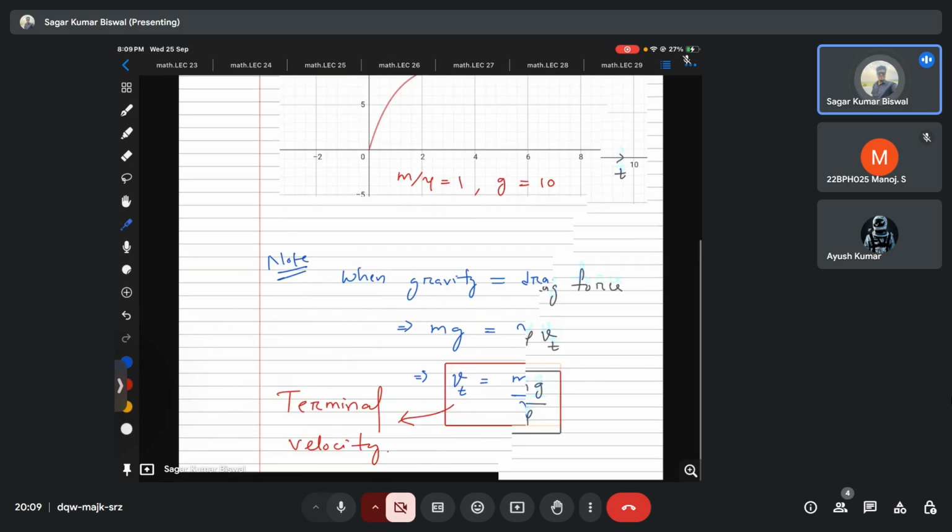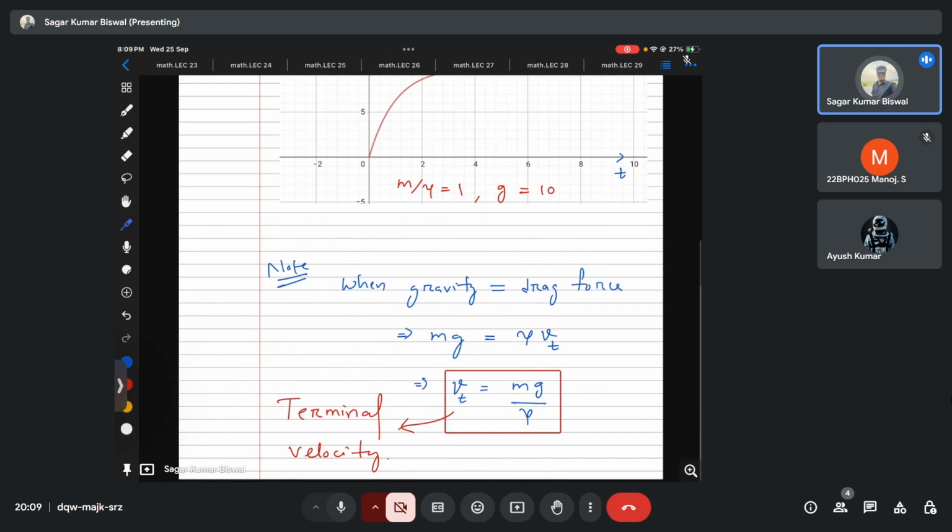So the velocity at which the gravity becomes equal to the drag force, or equal to gamma v, that velocity is known as the terminal velocity. This is important. In entrance exams, they ask you to find the terminal velocity of the system.